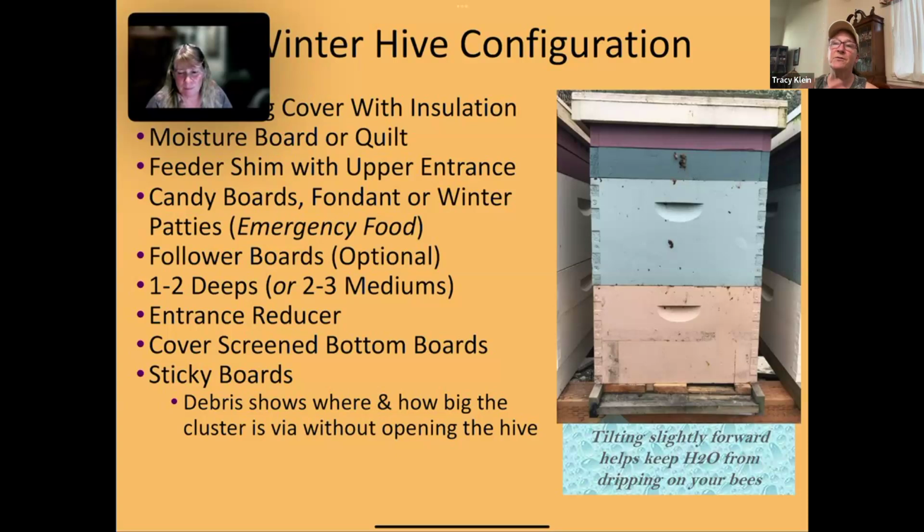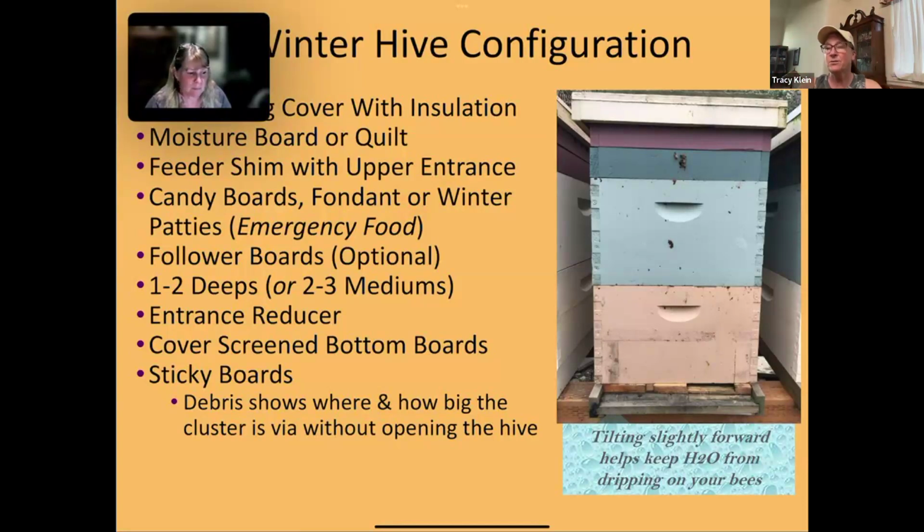Those candy boards or fondant or dry sugar, like I have, I think are important emergency food. And then you can just tip that shim open in the winter once a month and take a peek inside and just make sure they haven't run out yet. And then some people use follower boards. Those are basically plywood boards instead of frames on the outside.